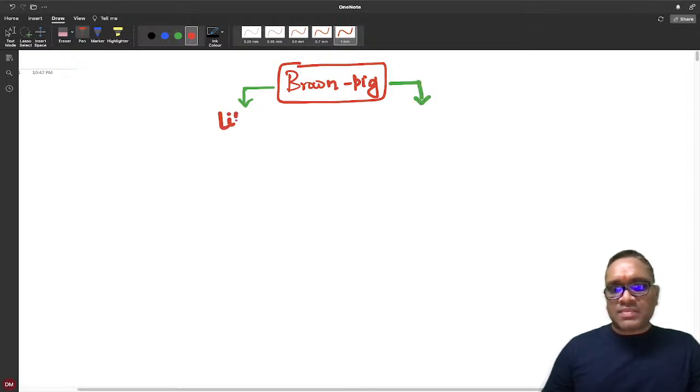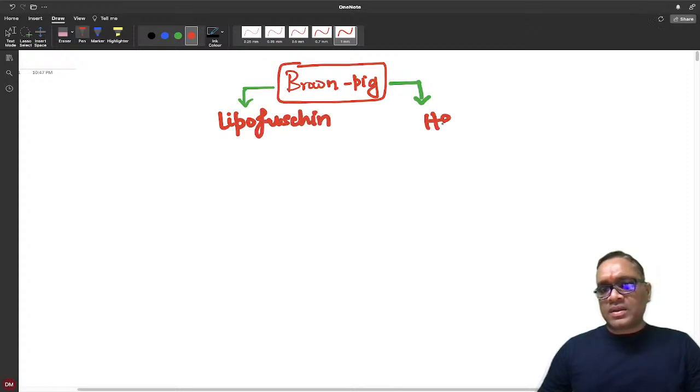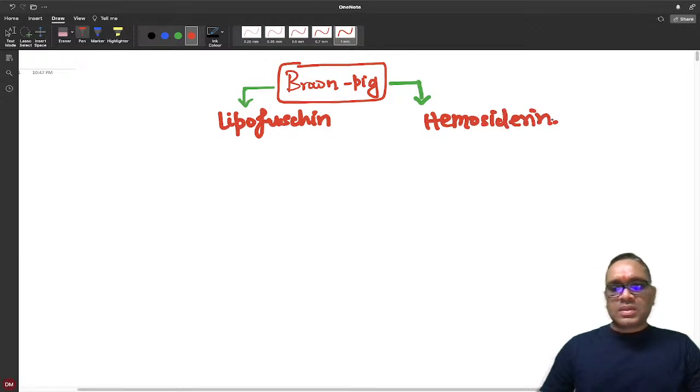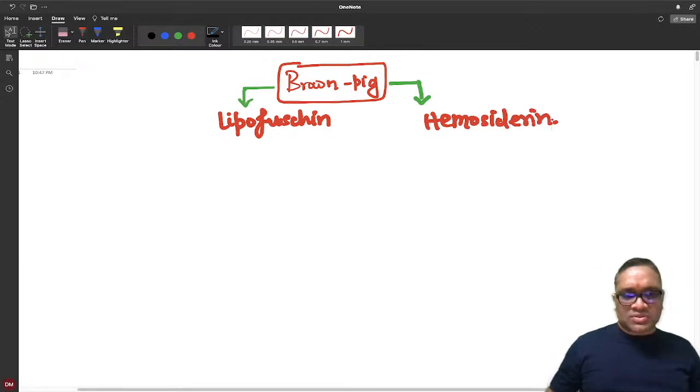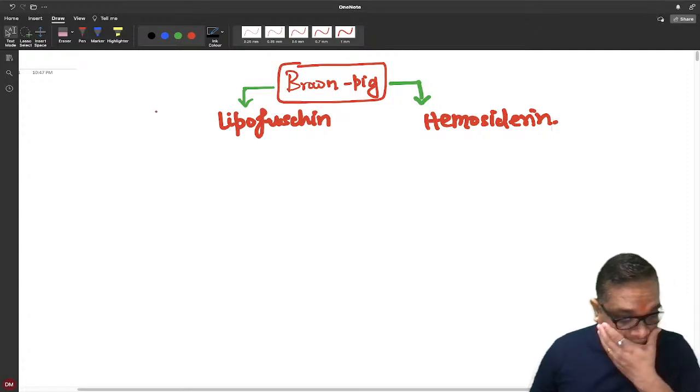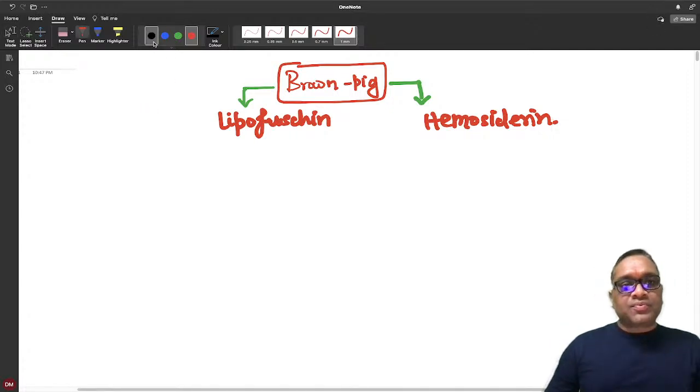It can be either lipofuscin or it can be iron deposition or hemosiderin deposition, right? So lipofuscin or hemosiderin. Whenever we think about lipofuscin, we are going to use a special stain to confirm this, right?